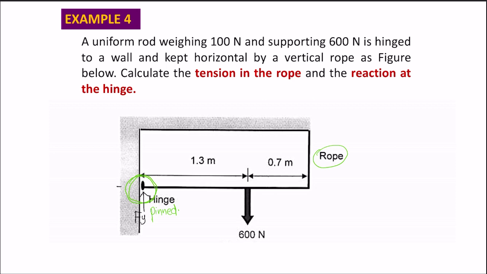And the other one will be Fx. Right. And rope, we know that kalau ada rope and ada force below, it is in the state of tension. Dia berada dalam keadaan tension ya, sebab dia ditarik ke bawah. Dia ditarik elongate. Jadi that's why dia in tension.